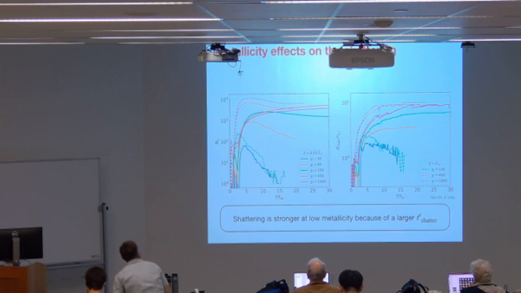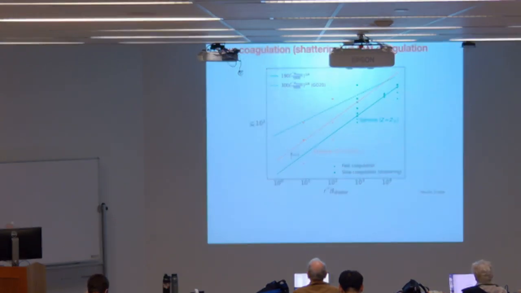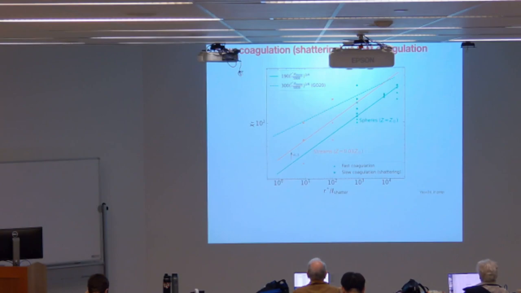Finally, about metallicity, here the shattering is stronger at low metallicity because the cooling length is larger for low metallicity. But they can also be separated into two groups, and the critical overdensity is lower at low metallicity than at high metallicity. In the last two slides, here I show the shattering versus coagulation diagram, with the critical overdensity depending on the size.